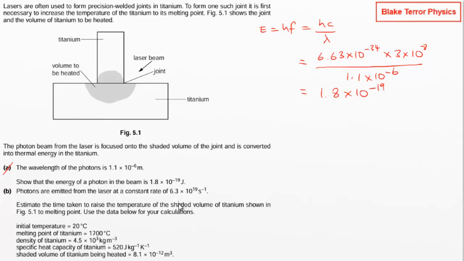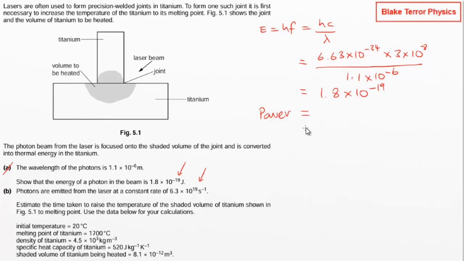Estimate the time taken to raise the temperature of the shaded volume to melting point using all of that data down there. So, right, let's start with our power then. So our power, this is our joules per second we want on this. So we've got that number of joules per photon, that number of photons per second. If we multiply those together, then we're going to get our power.